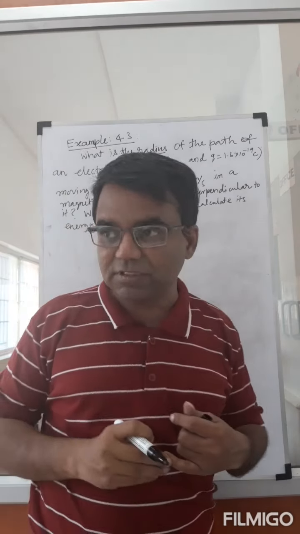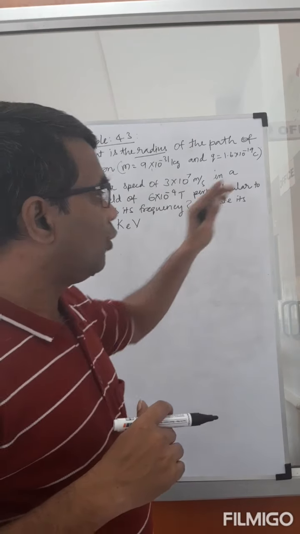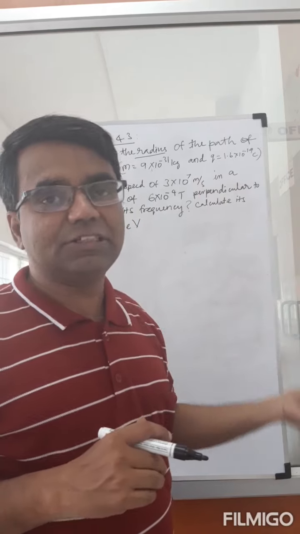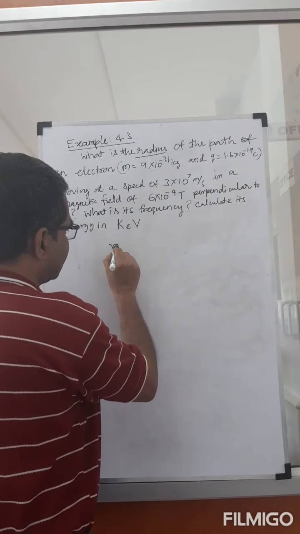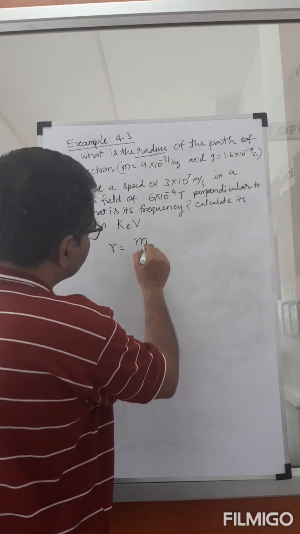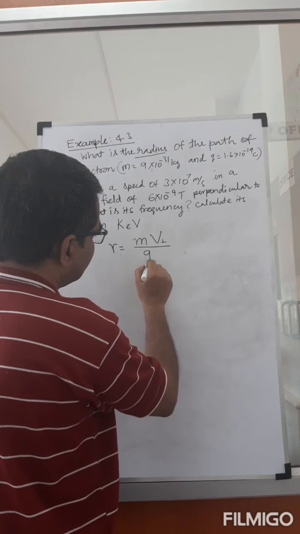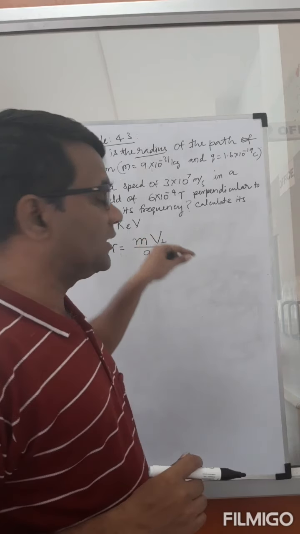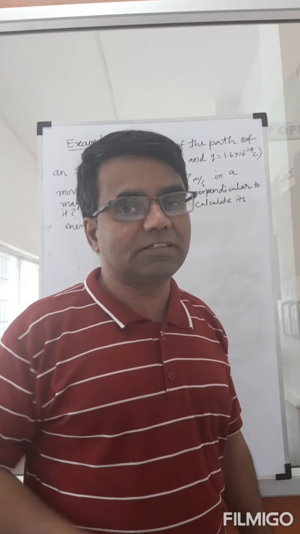We have just derived that the radius of the circle that the charged particle makes is given by this expression: R is equal to m v perpendicular by qB. So this is the perpendicular component of the velocity vector.